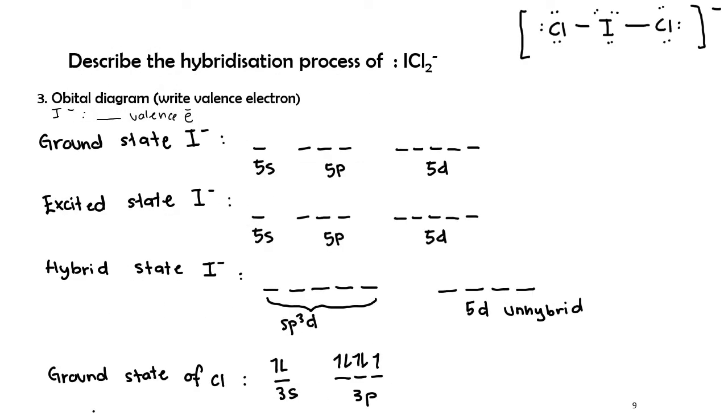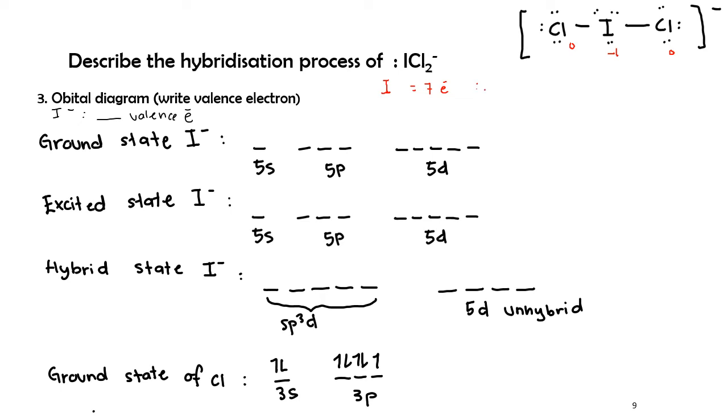So the next step is you need to write the orbital diagram. So untuk the Lewis structure, since you already assign the formal charge, negative formal charge to the iodine atom, and here instead of normal iodine atom, you have 7 valence electrons.